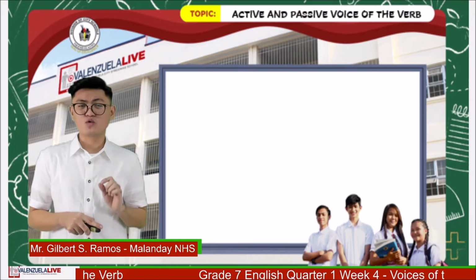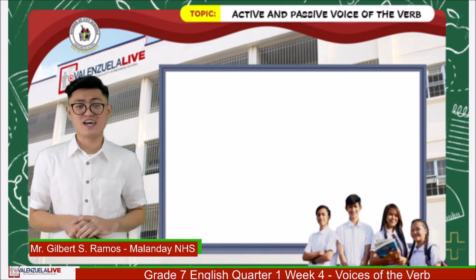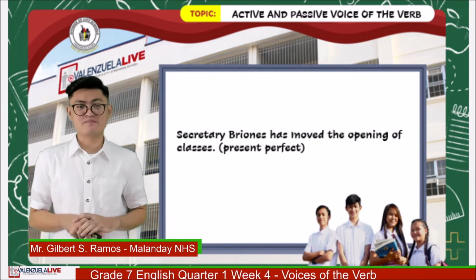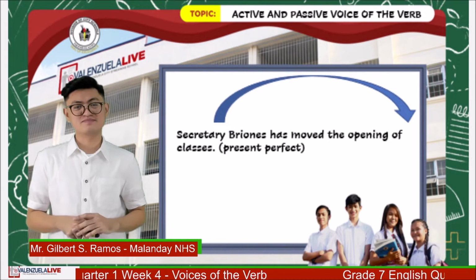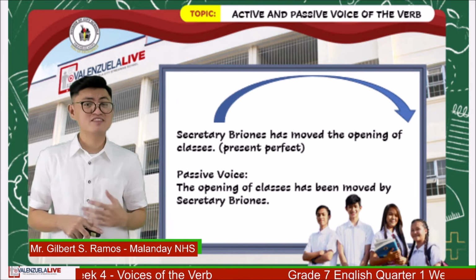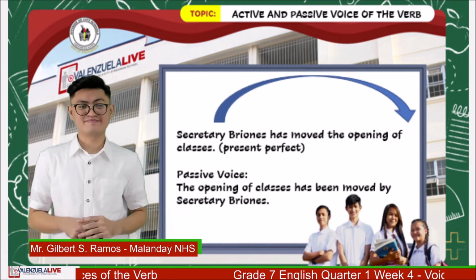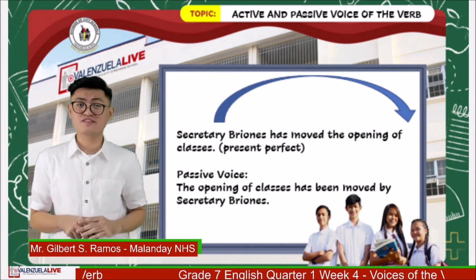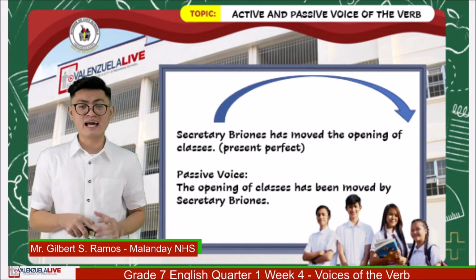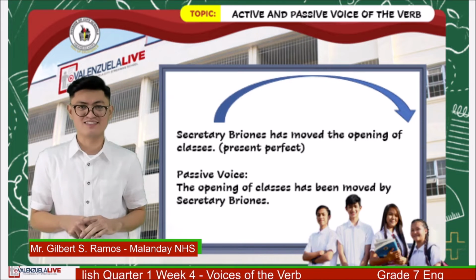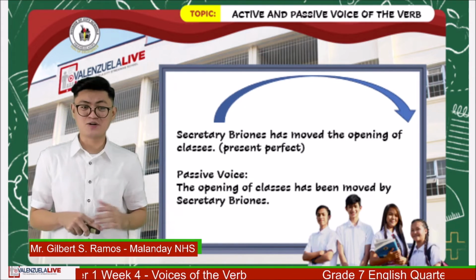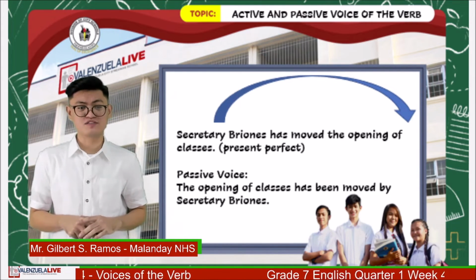First, we have to select the subject and transfer it at the end of the sentence and make it a by phrase, by Secretary Briones. The subject now becomes the opening of classes, which is the object in the original sentence. Now, let us apply the rules.